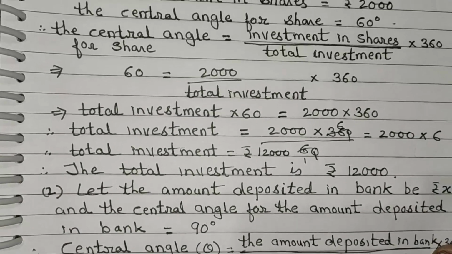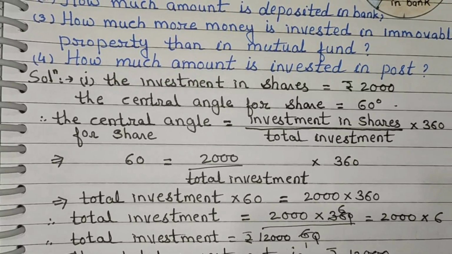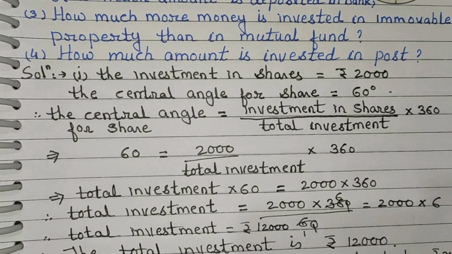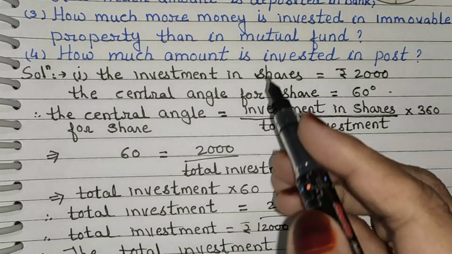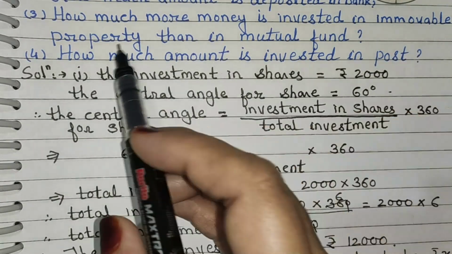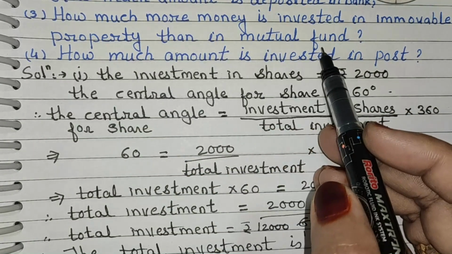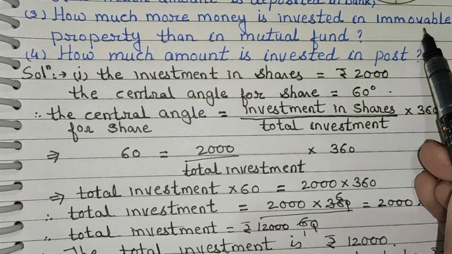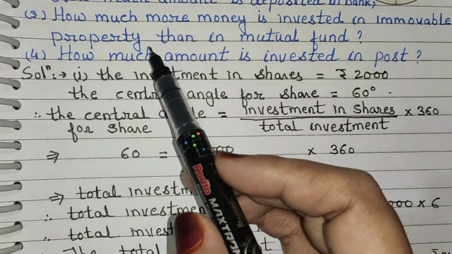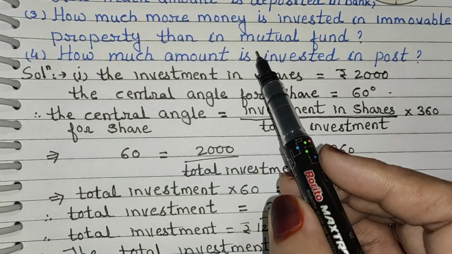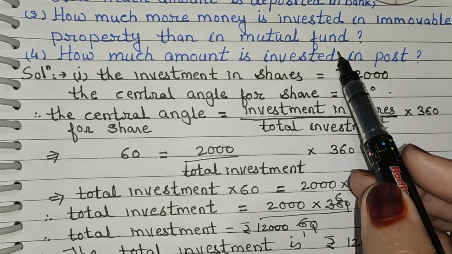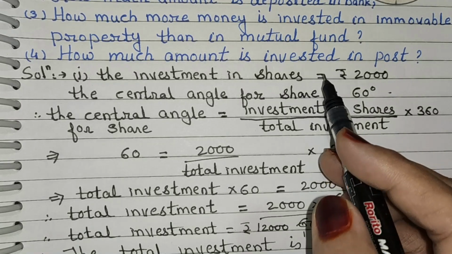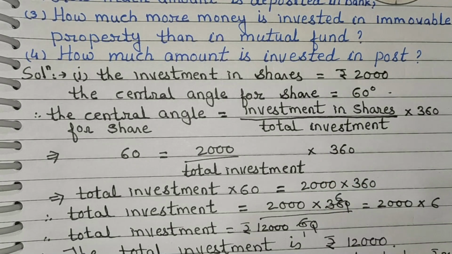Now look at the third question. Third question is, how much more money is invested in immovable property than in mutual fund? Now first find out the amount invested in immovable property, and then find the amount invested in mutual fund, and after that find out the difference.